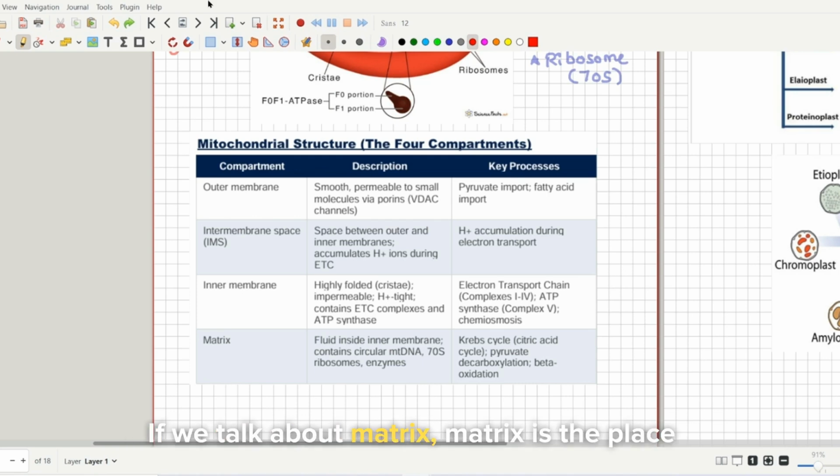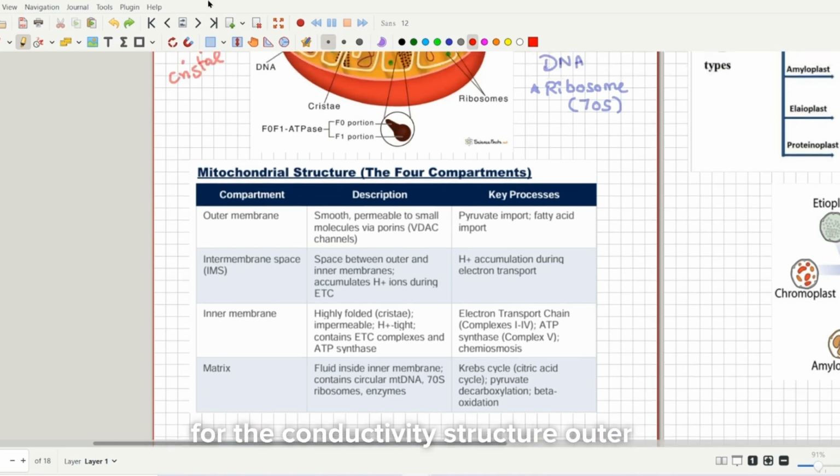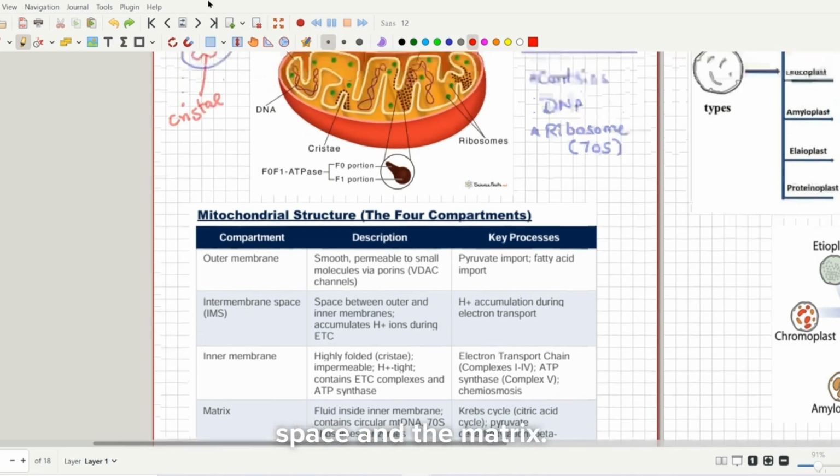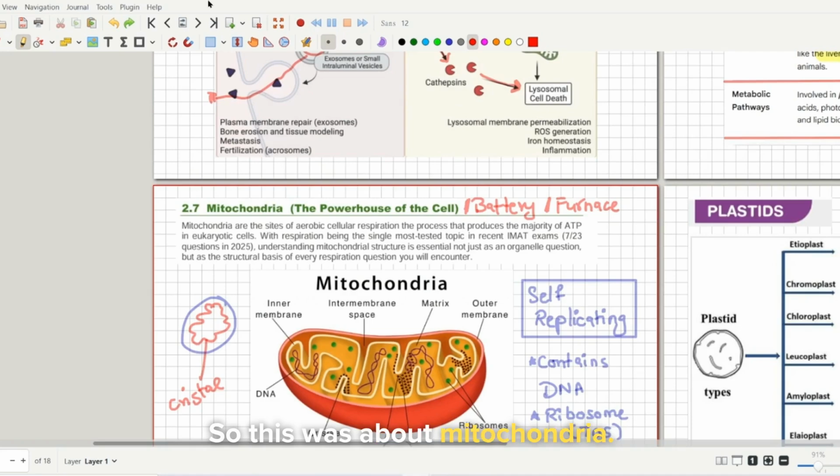The matrix contains the Krebs cycle, pyruvate decarboxylation and beta oxidation. So this was all about the four compartments of the mitochondrial structure: outer membrane, inner membrane, intermembranous space, and the matrix.